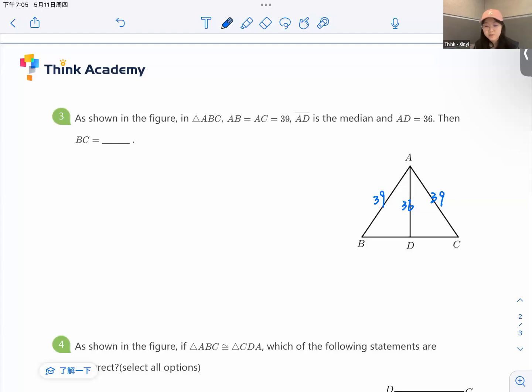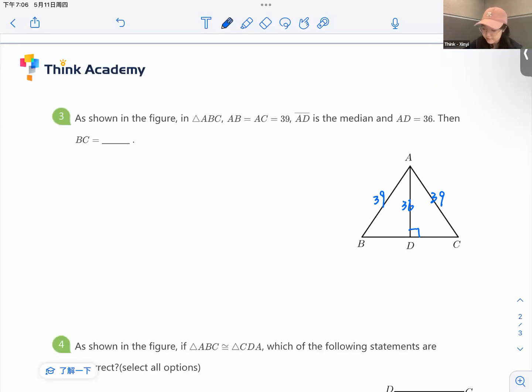And for any isosceles triangle, we have a review: the following 3 line segments coincide. The altitude AD is also the angle bisector from A to the base BC, and also the median from the vertex to the midpoint of BC. So D is the midpoint of BC.